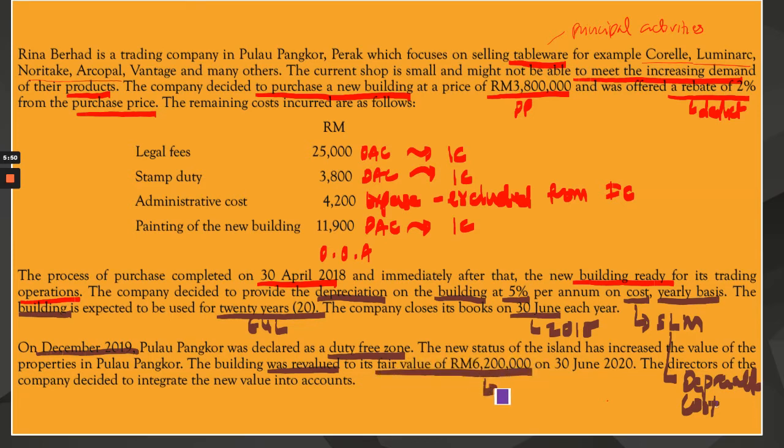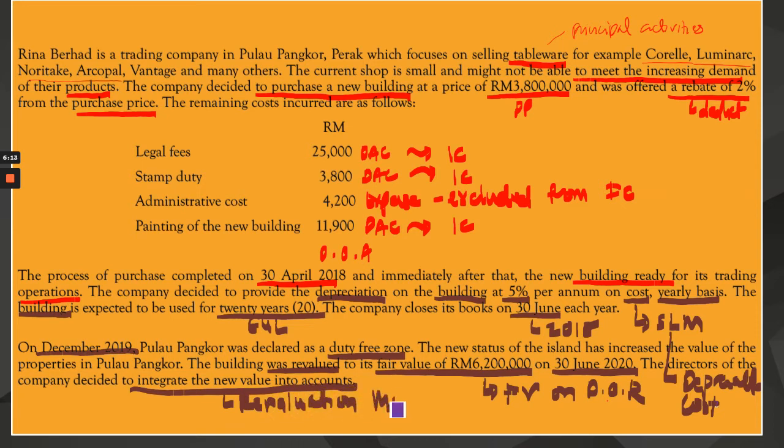So 6.2 million is the fair value on the date of revaluation, which was done on 30th of June. The directors decided to incorporate the new value into its accounts, meaning the directors decided to use the so-called Revaluation Model.